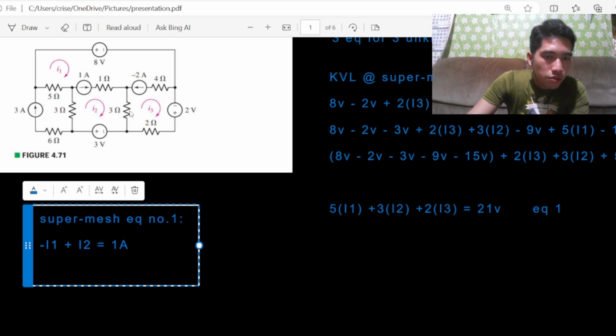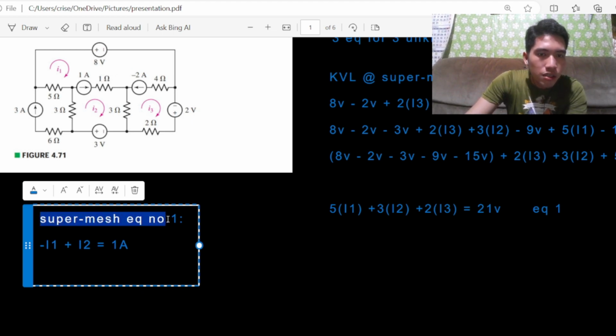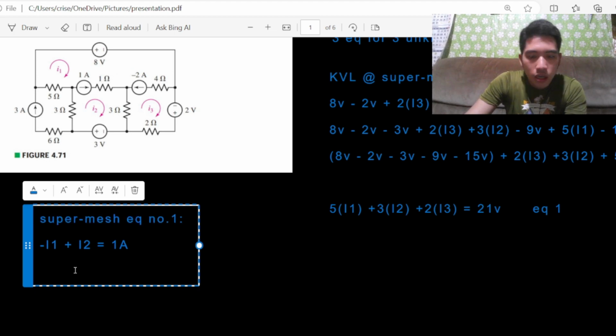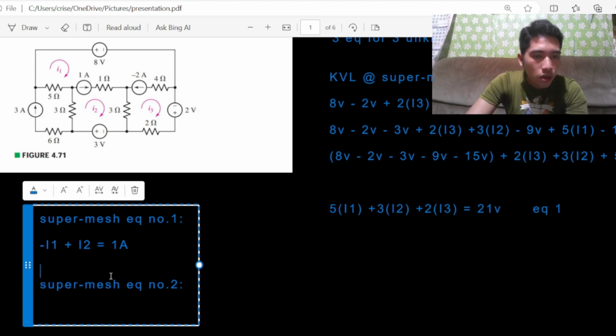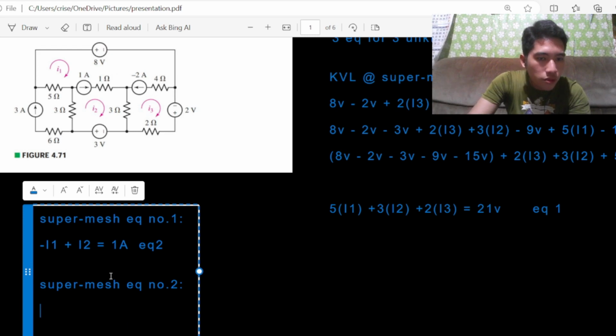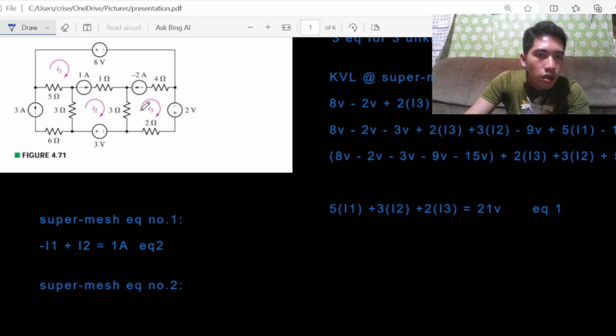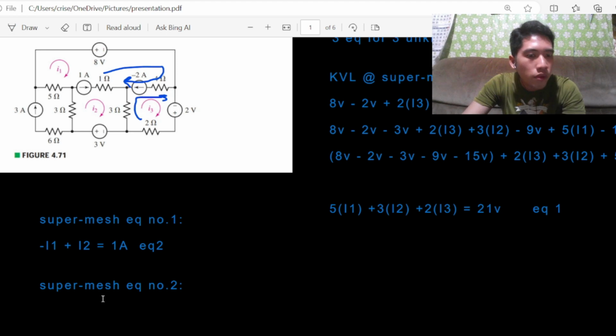We'll also write for the supermesh equation number 2. So let's copy this and label it as supermesh equation number 2. Don't forget to write what number of equation this is. This is going to be our equation number 2. So for supermesh equation number 2, we'll write positive I1 since it's going to the direction of the current source, and negative I3 since it's opposing the direction of the current source.